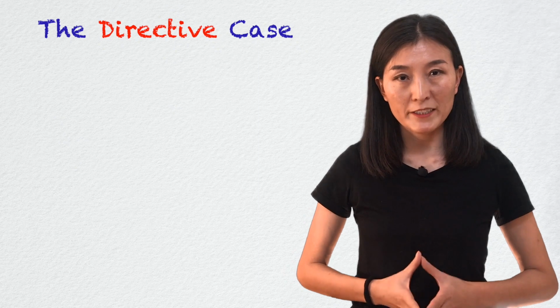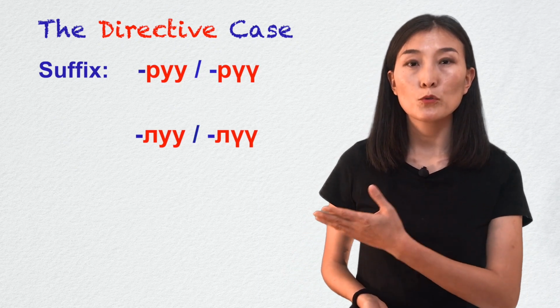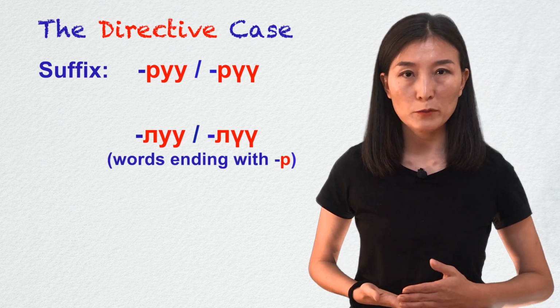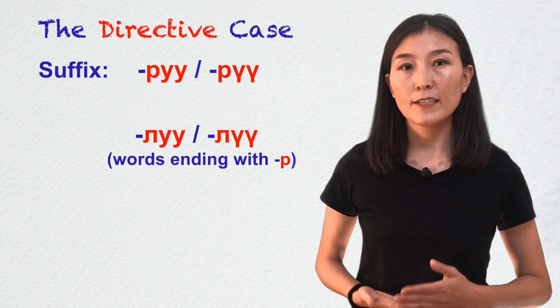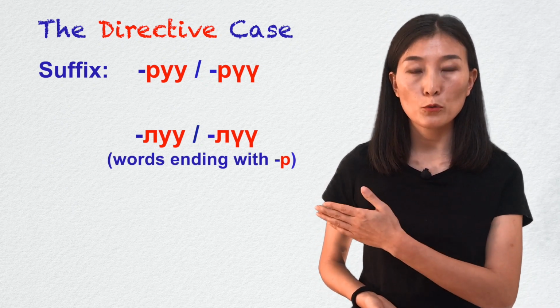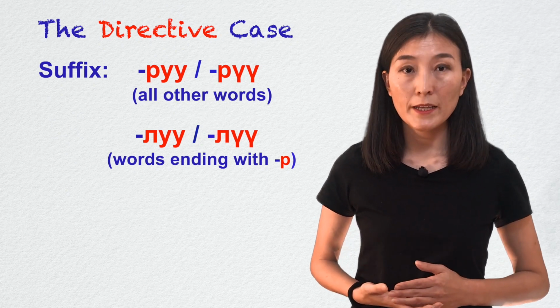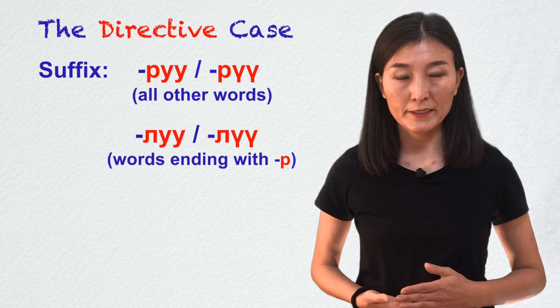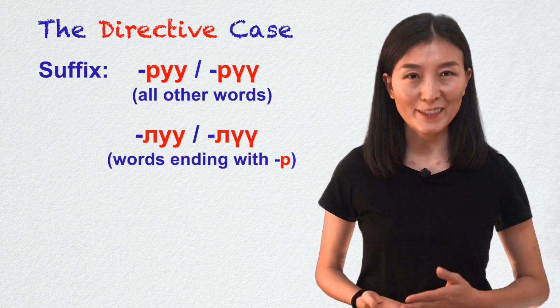So the directive case is ruu, rüü and luu, lüü. When words end with ir, the suffix luu, lüü is added. And ruu, rüü is for the rest of the endings. So this vowel harmony isn't as difficult.